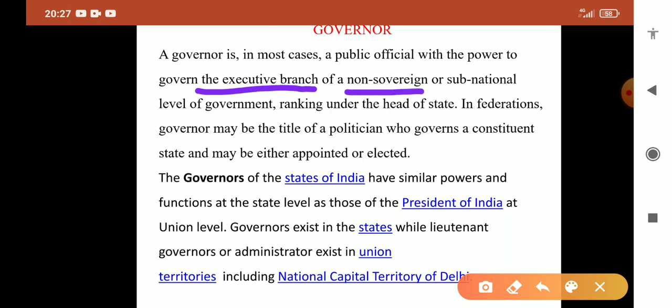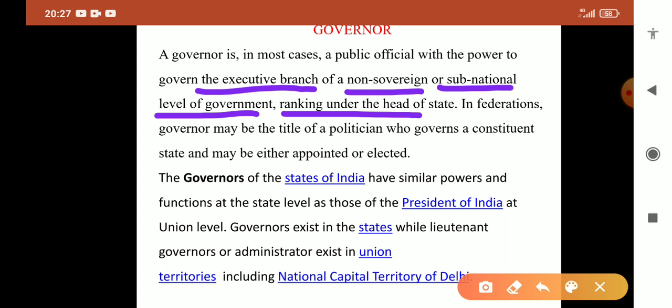Non-sovereign, as he is head of a province. Subnational means province, as we call it state. Otherwise, in political science, state is a country. Here subnational means province, ranking under the head of the state.